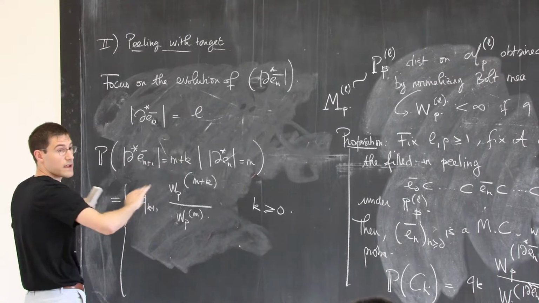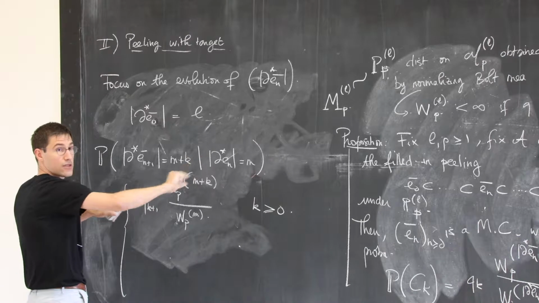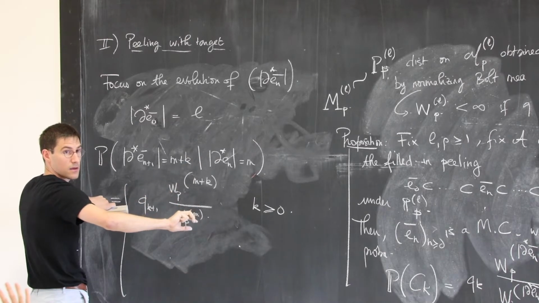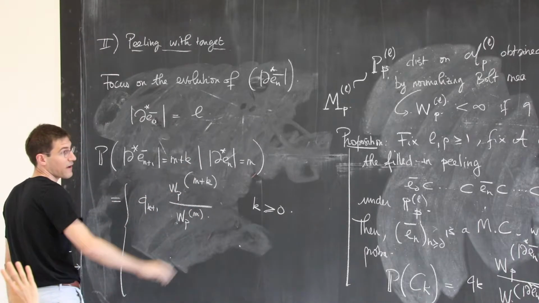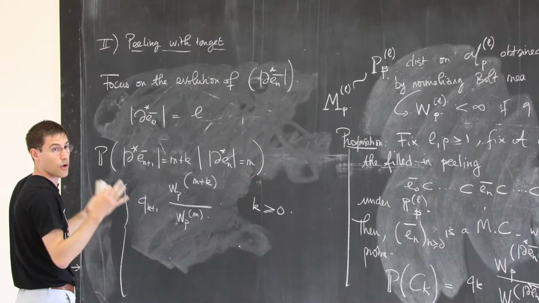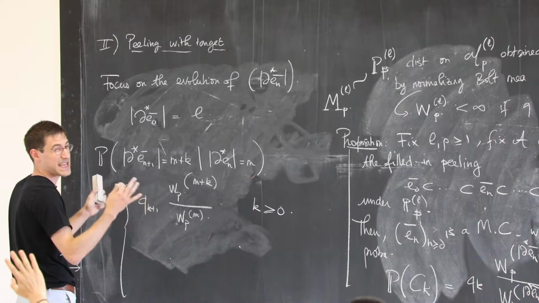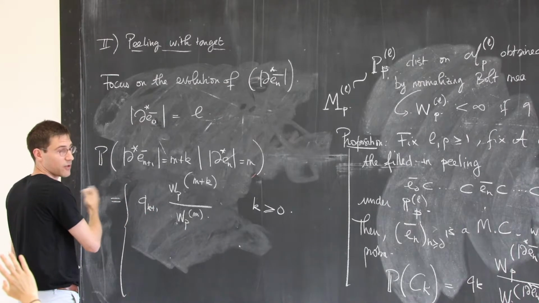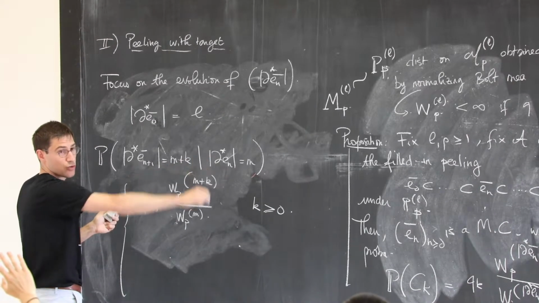Or the perimeter can decrease. The perimeter can decrease if I split my hole into 2 parts. Okay? And if I split in a part leaving k on the left or k on the right, the half perimeter decreases by k, the part that has been left on the side, plus 1 because I have glued 2 edges.